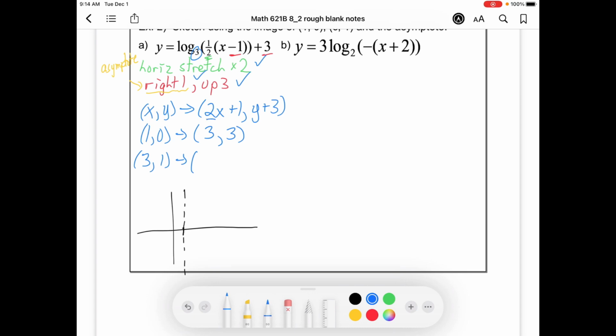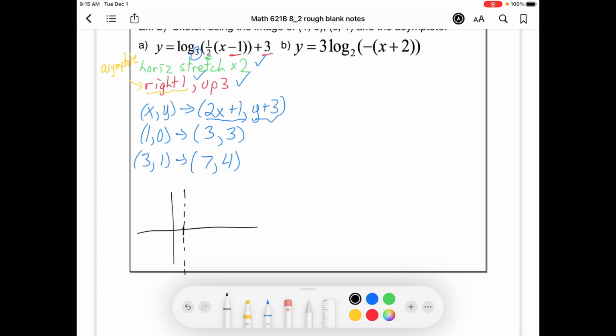So looking at this map up here, this would be 2 times 3 plus 1. And then the y's are going to be y plus 3, so 1 plus 3. Now I can work all those out. 2 times 3 plus 1 is 7. 1 plus 3 is 4. So let's actually just write in the numbers. 7, 4.